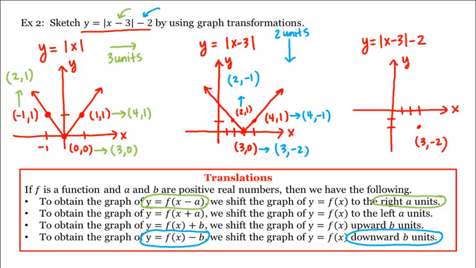And the point 4, 1 was moved to 4, negative 1. So we also have this point here on our graph, 4, negative 1. And the point 2, 1 was moved to 2, negative 1. So we also have this point here, 2, negative 1 on our graph. So our graph looks like this.